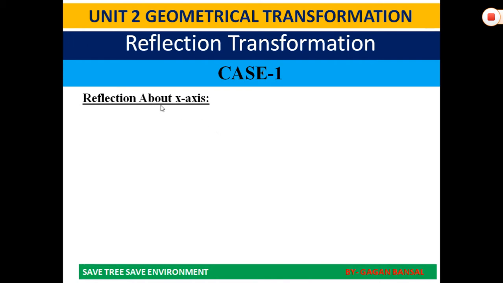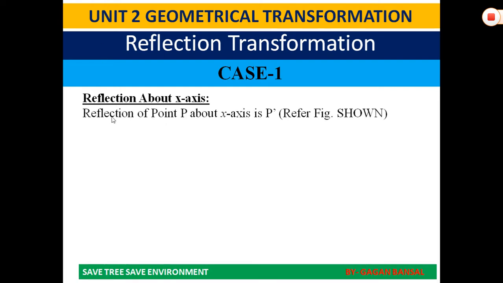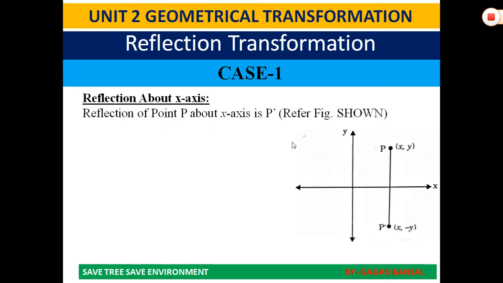Reflection about x-axis. I'll be discussing this in detail, all the cases, taking every case one by one, and we will be drawing the reflection transformation matrix for all the cases. So case 1 is when the reflection is about x-axis, as the reflection of a point P about x-axis is P dash, as we have seen in the figure.